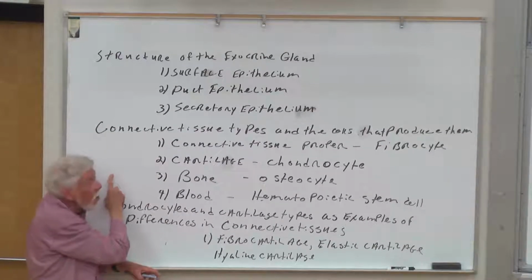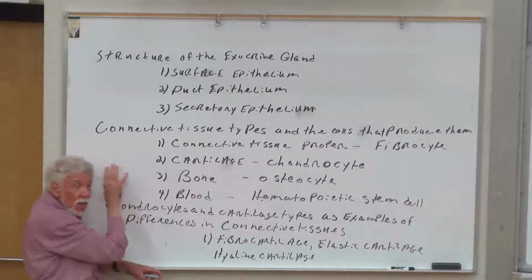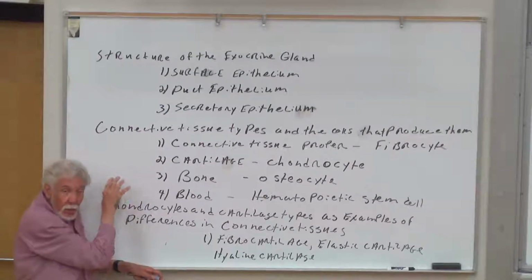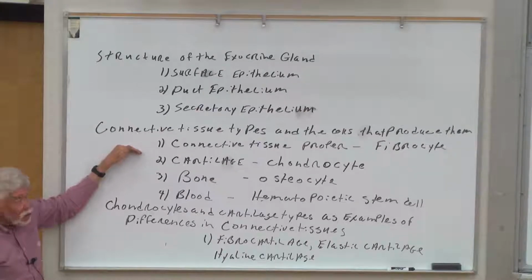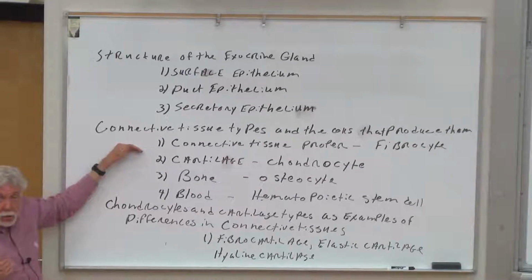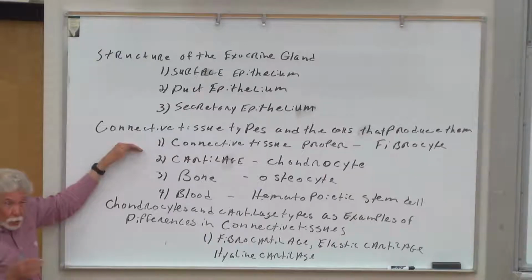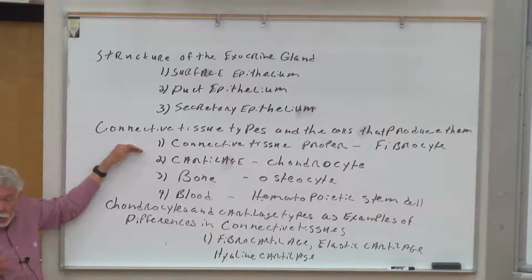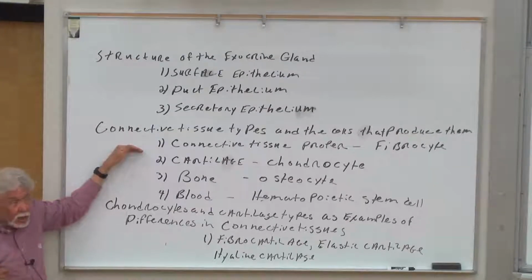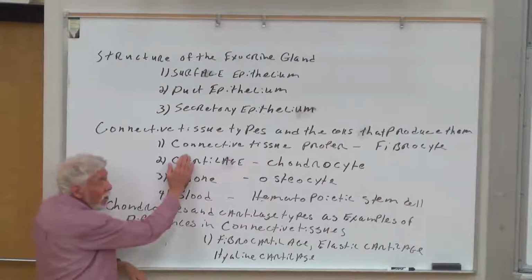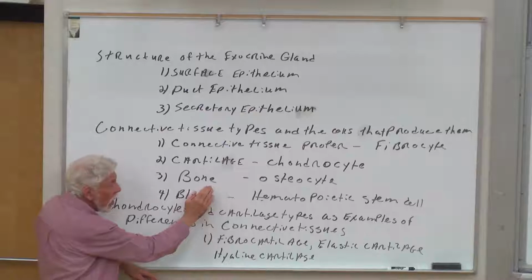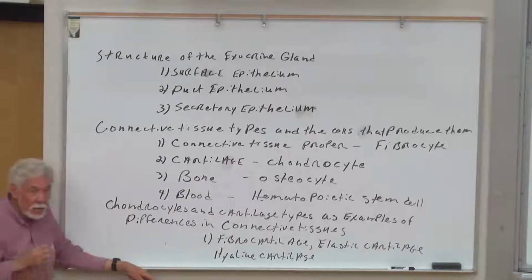The mesenchyme is a name for a certain set of embryologic cells that are destined to give rise to different kinds of connective tissues. We know now that if we take those mesenchymal cells and we treat them slightly differently with different kinds of growth factors, turn on slightly different genes, that those mesenchymal cells then can be fated to become fibrocytes, chondrocytes, osteocytes, or hematopoietic stem cells.